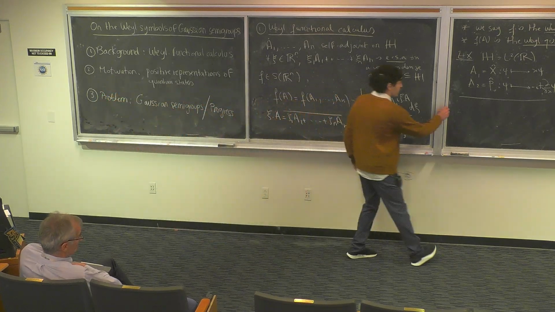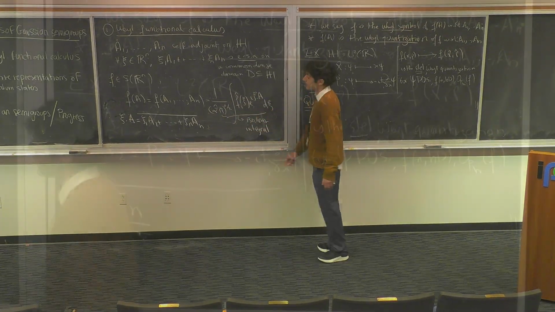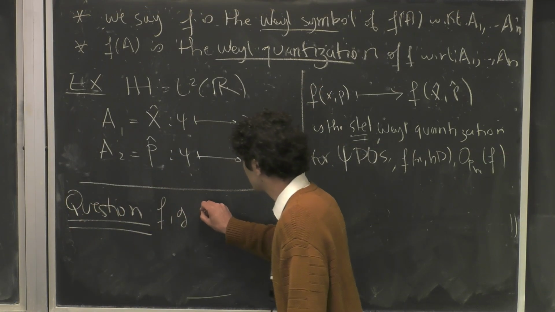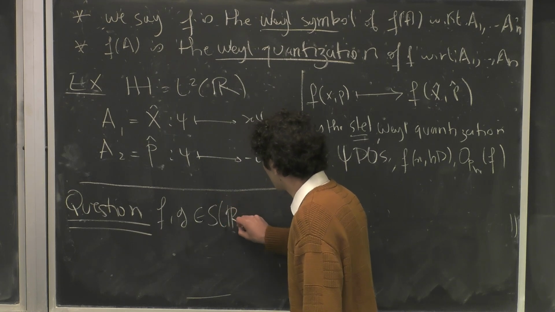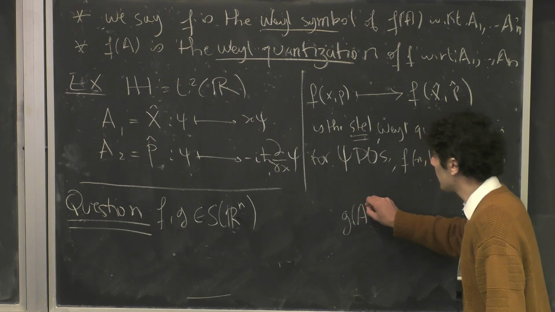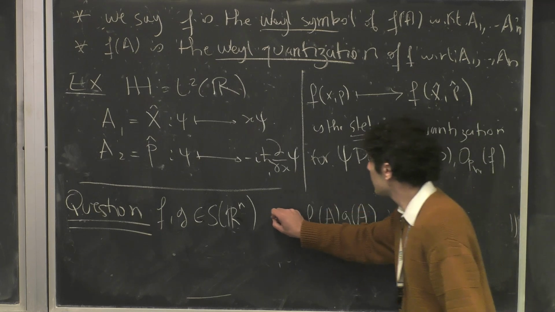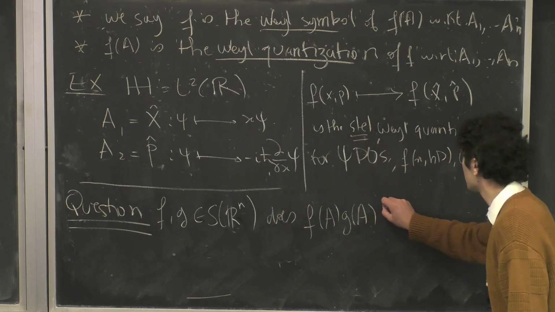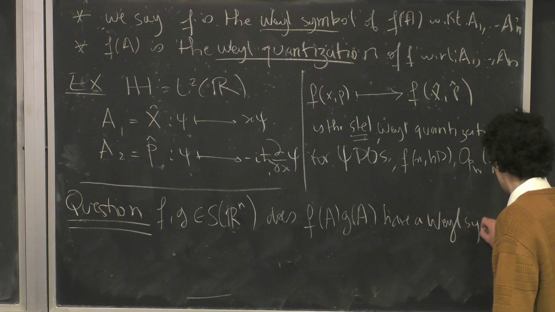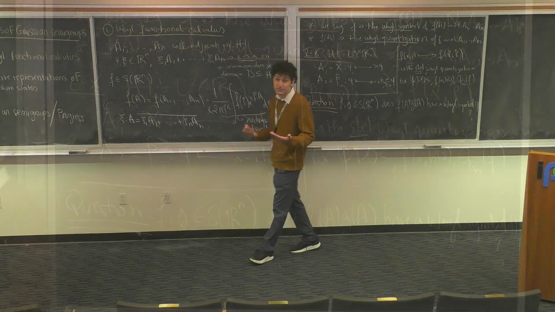So one question that I can ask is, if I take two Schwarz functions, f and g, I quantize the first, I quantize the second, and I compose them. Does this operator have a Weyl symbol? In other words, does my functional calculus have a multiplicative structure?